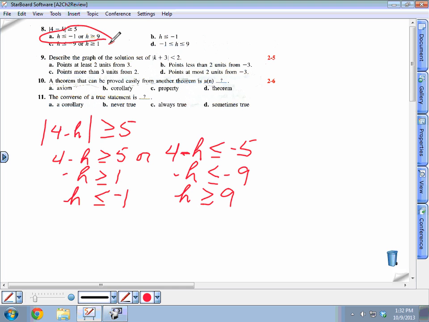Okay? Describe the graph of the solution set of the absolute value of k. Now be careful here because they're saying describe this. Remember our difference? Change this to a difference. If this were a difference, what would I have? The distance from where?